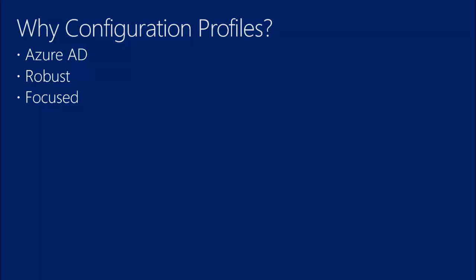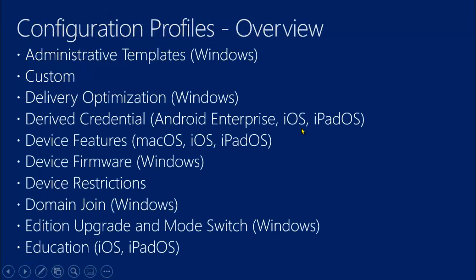So that's another example of what I mean when I say that configuration profiles are very focused. Now, you saw this slide a second ago, sorry. But in terms of an overview of these configuration profiles, I'm not going to read these to you. The point of the next 3 slides is to show you that there are a lot of different options and twists and turns and places that you can configure things in configuration profiles.